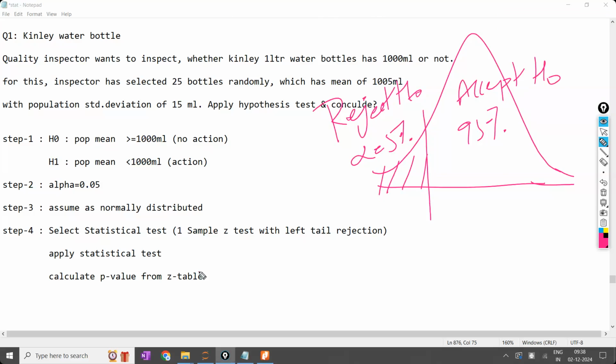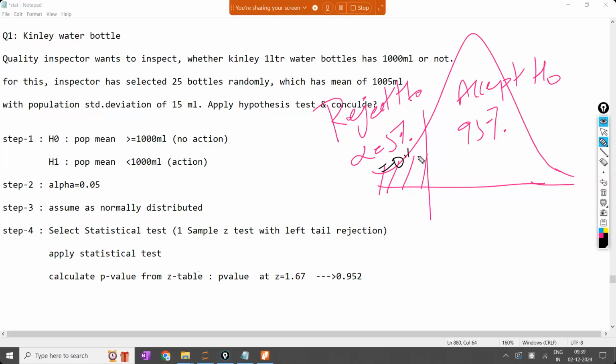Now, from the Z table, what you calculated? P value. From the Z table, the P value at Z equal to 1.67. What is the P value? 0.952. Now this is a 5%. 5% means what is the value wise? Percentage wise 5.